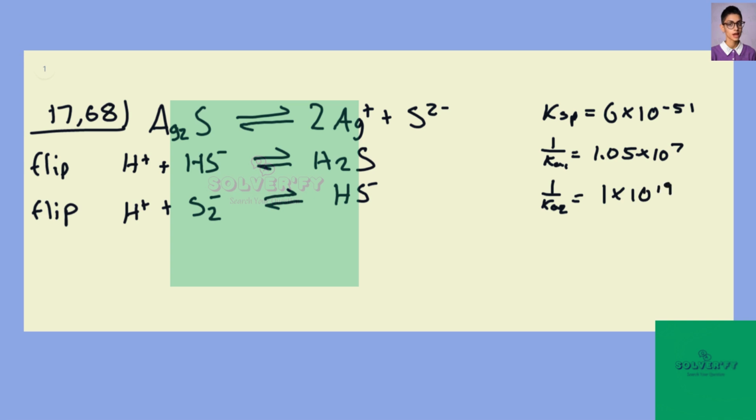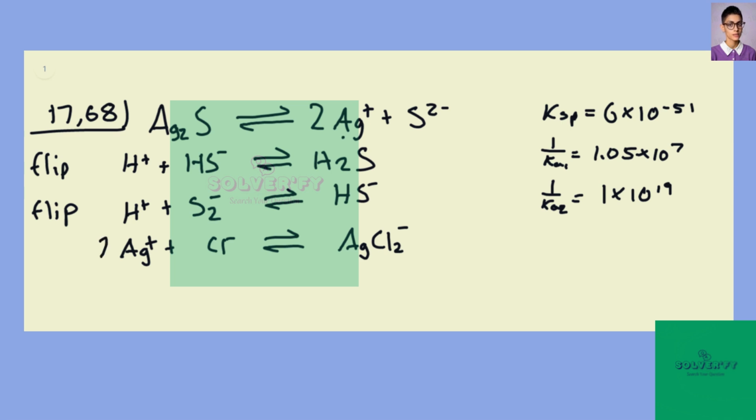And then the last reaction is the formation of the silver chloride complex. So we have Ag plus and Cl minus in equilibrium with AgCl2 minus. So here we want this silver here to cancel with this silver here.